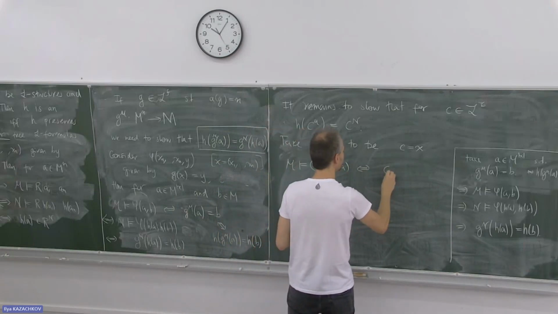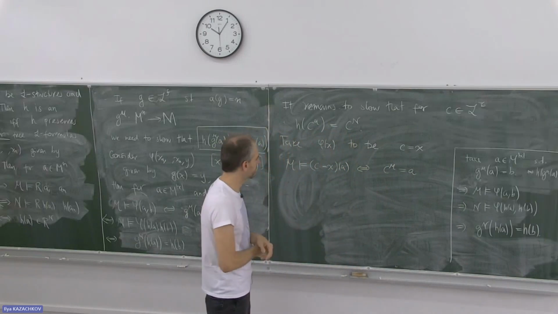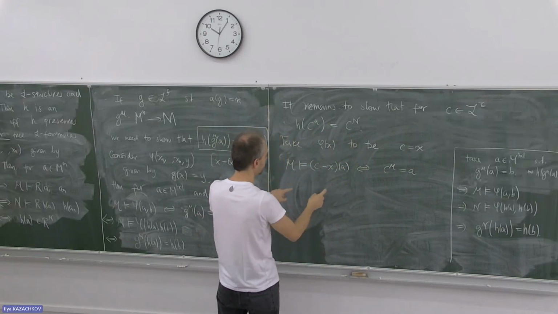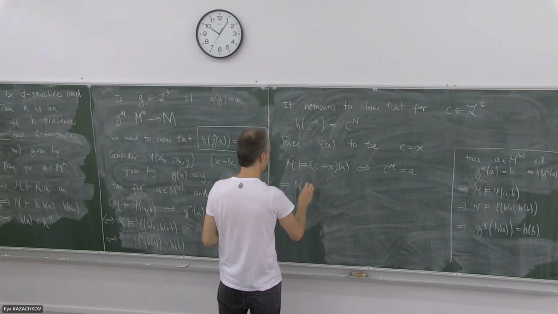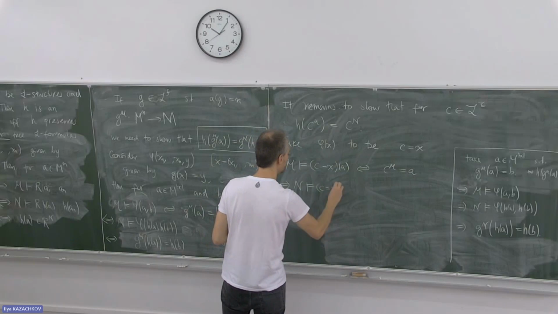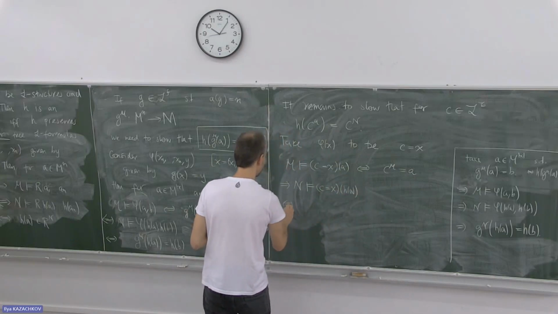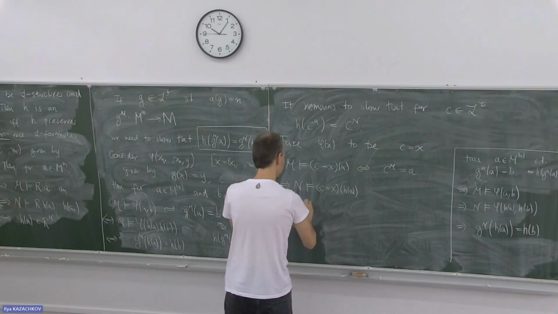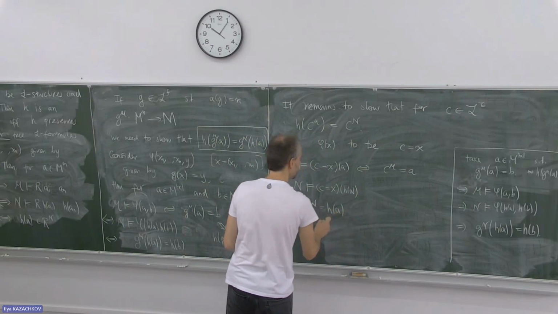This is if and only if c of m equals a. This one preserves the formula, so this means n satisfies also c equals x, but applied to h of a, which is if and only if c of n equals h of a.